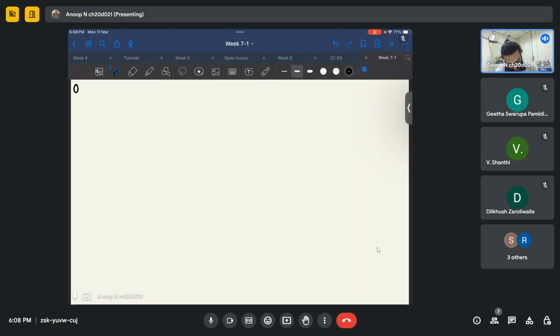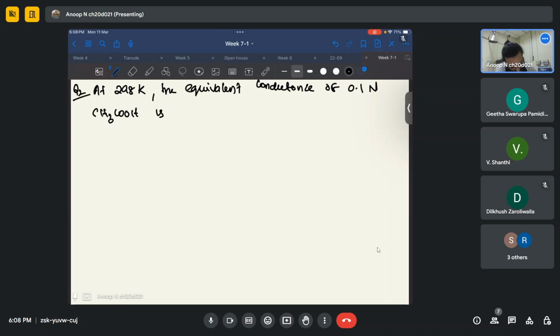Question number 2: at 298 Kelvin, the equivalent conductance of 0.1 normal CH3COOH is 3.2 Siemens centimeter square per gram equivalent.